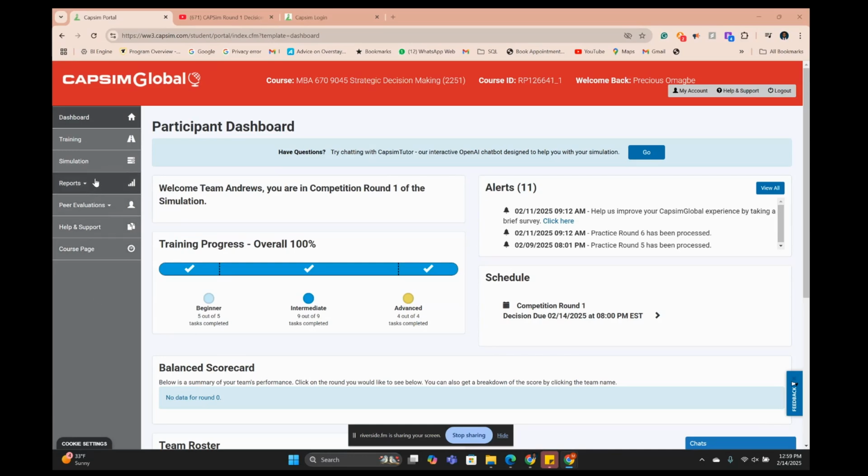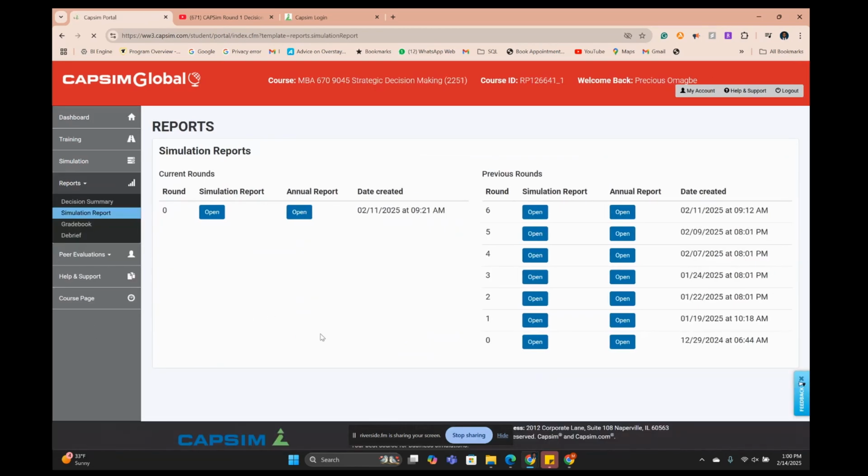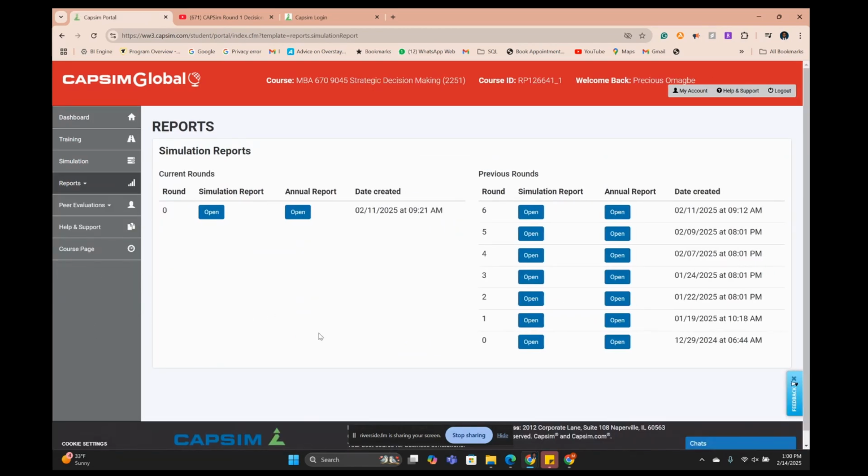But if you've been through the simulation practice round, you go to the report, you go to simulation report. On my screen, on the right hand side is where I have the practice round we did, and on the left hand side is the actual simulation that will be scored for my course.